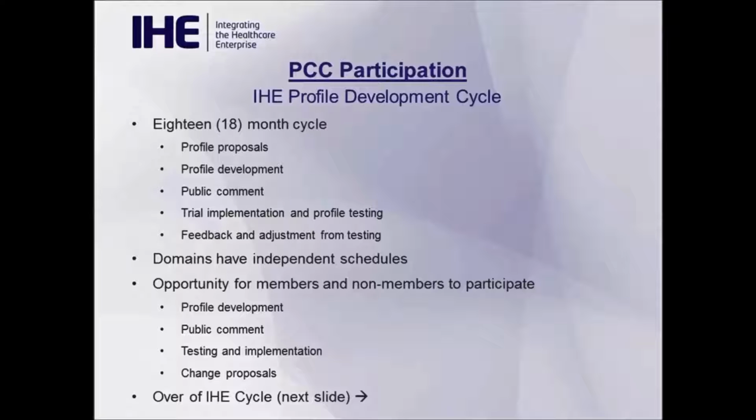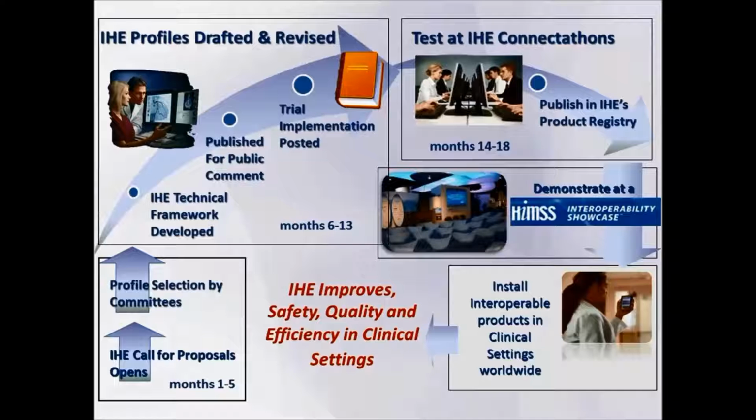And if we can go to the next slide, we'll see a nice, pretty picture of the process. I know there's a lot going on with this slide, but I'll talk through it starting at the bottom left. In months 1 to 5, there's a call for proposals that opens up, which is where we are right now. Our current proposals run until I believe it's September 27th.